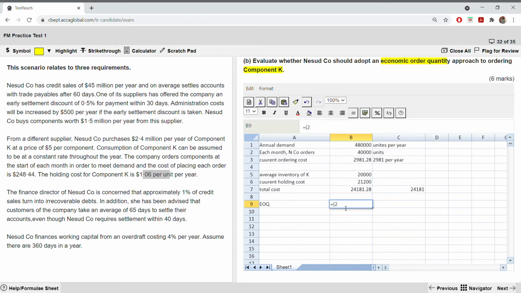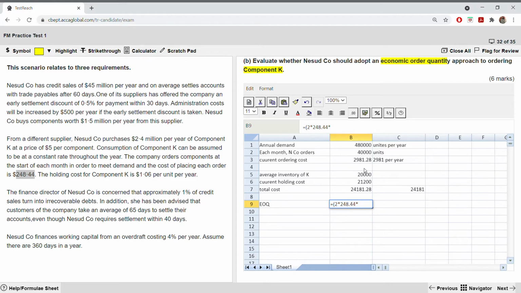It's 2 multiplied by what? 2 multiplied by the cost of placing each order, which is 248.44, multiplied by your demand.